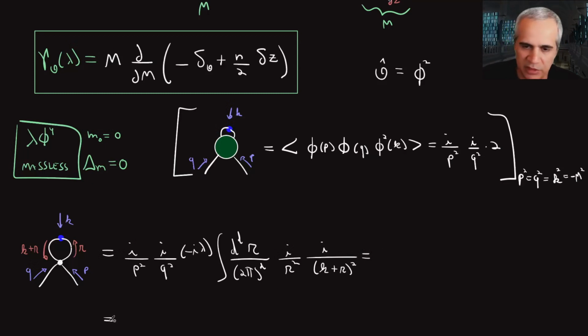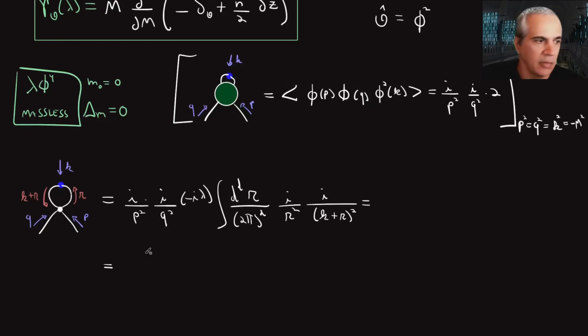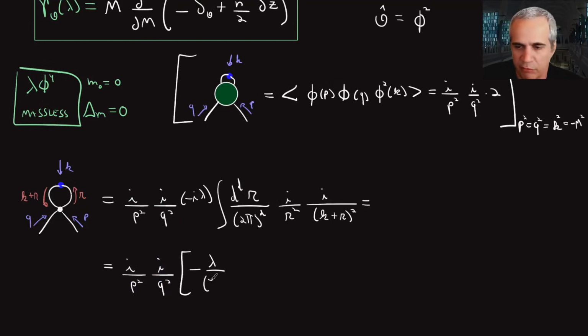This is just these two guys, times minus lambda over 4 pi squared, gamma of 2 minus d over 2, in dimensional regularization, right? And delta of 2 minus d over 2.